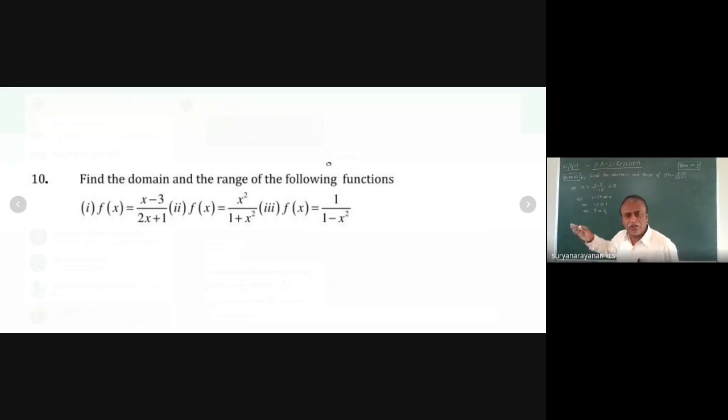Y takes all the real numbers except 1 by 2. Therefore, range of f is equal to the set of all real numbers except the singleton set 1 by 2.